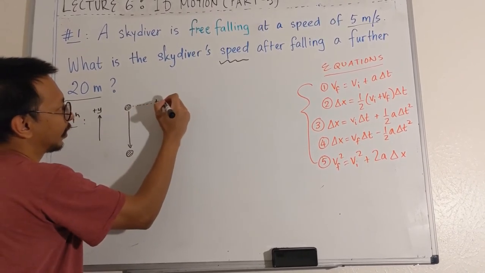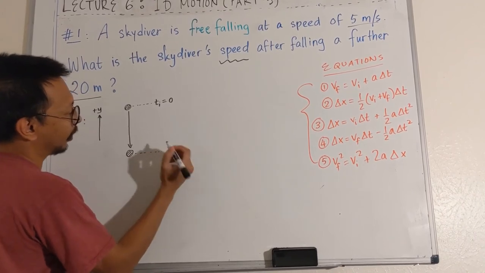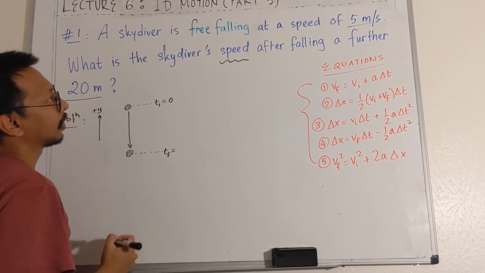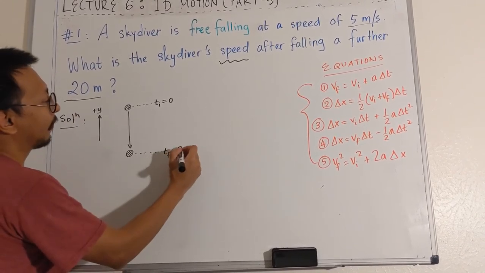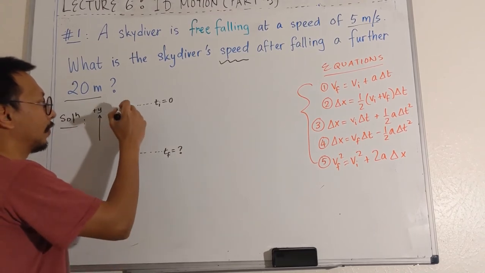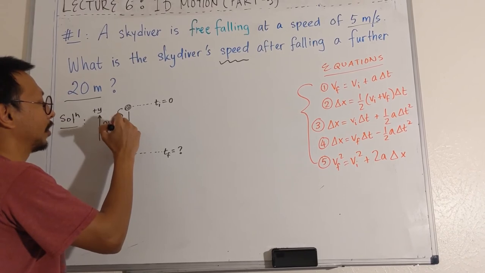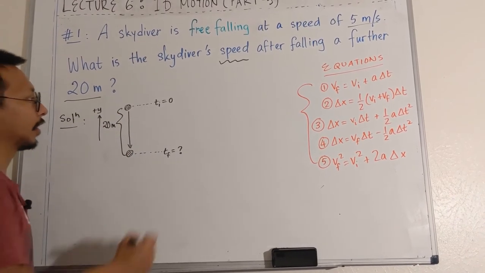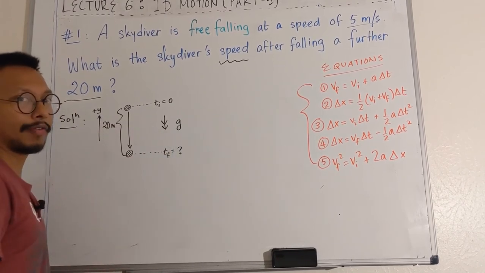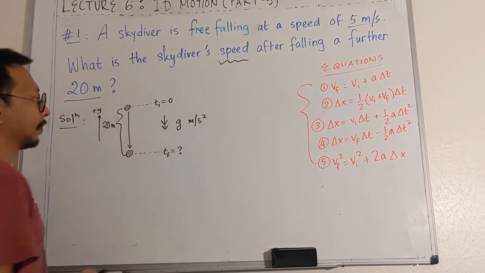We say the initial time is 0, and I stopped recording the motion after however long it needed to cover a distance of 20 meters downwards. And I know that there is a constant acceleration due to gravity.